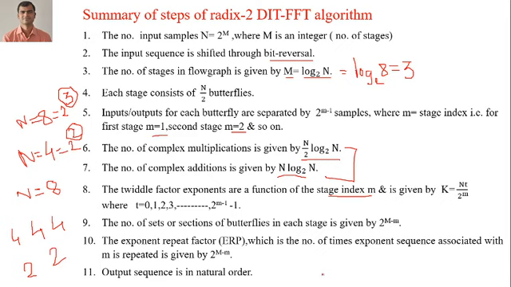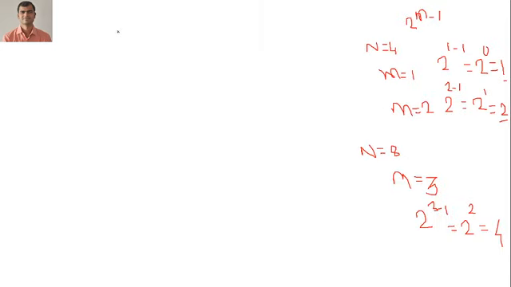So let me draw this. k equals, this is very important, k equals Nt by 2 raised to m, where capital N is the number of points, and the range of t is valid from 0 to 2 raised to m minus 1 minus 1.